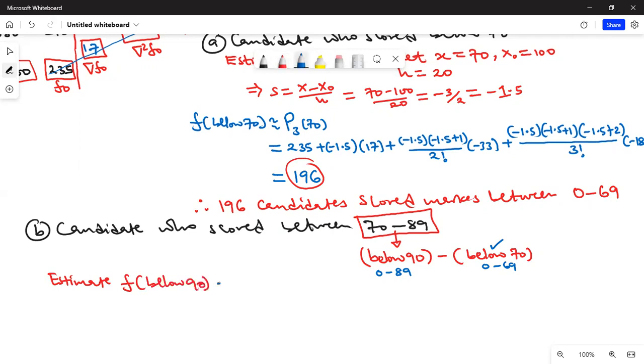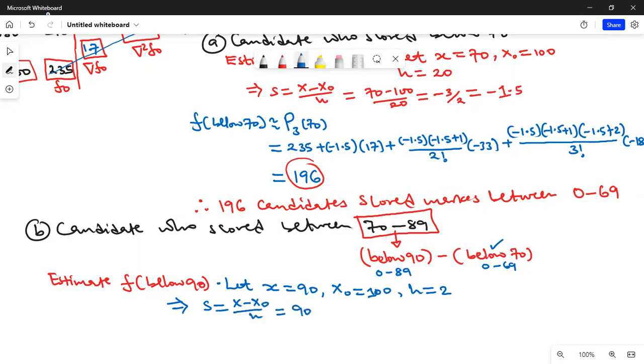So in this case, you're going to say let x be 90. Our x naught, we still retain it to be 100. Our h is still 20. So with this, we'll find our s, which is equal to x minus x naught over h.